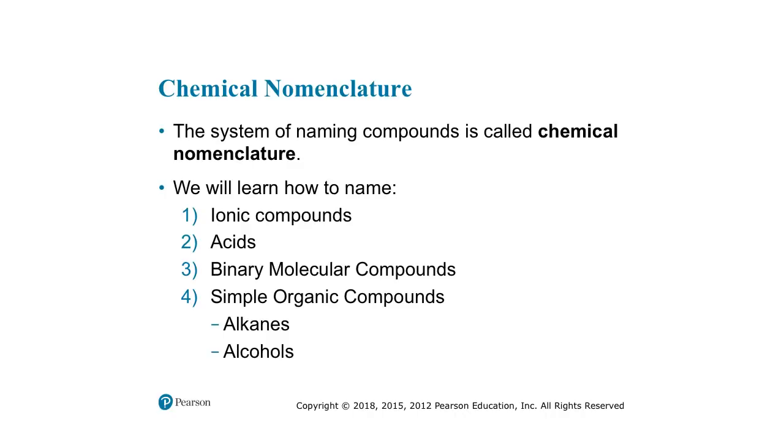And really what an acid is, we'll see later in chapter 4 and beyond into chapter 16, is that acids are compounds that when they're dissolved in water end up releasing H+ ions. So something that releases H+ should probably contain an H+ ion, so they can release it upon being dissolved in water. Then we'll name some binary molecular compounds. Sounds complicated, but that's just compounds like carbon monoxide, carbon dioxide. Then we'll also go through a couple of different types of simple organic compounds, like alkanes and alcohols.